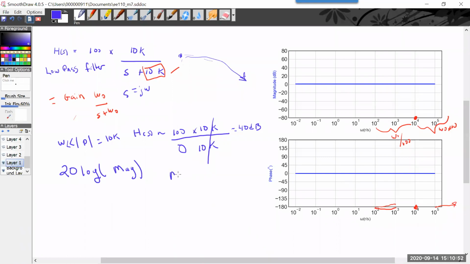And the magnitude is the square root of the real part squared plus the imaginary part squared. Well, there is no imaginary part, so we're taking the square root of 100 squared, which is 100. 20 times log of 100 is 40 dB. Awesome, thanks. That one takes a while to really sink in, where you don't have to think about it.